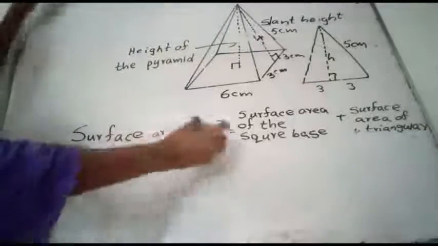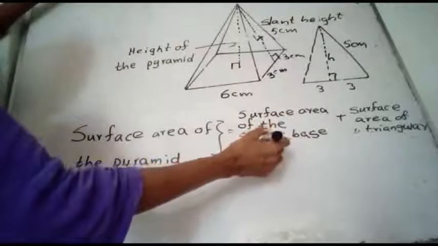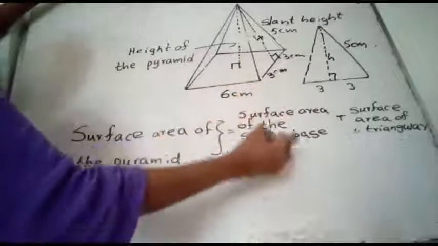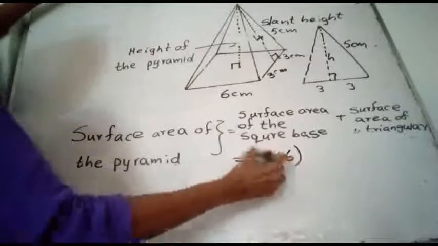Surface area of the pyramid is equal to the surface area of the square base plus the surface area of 4 triangular surfaces. Surface area of the square base is equal to 6 times 6, which is 36.